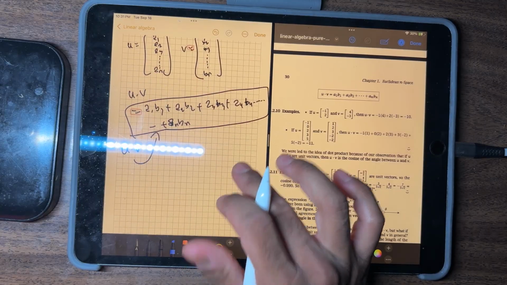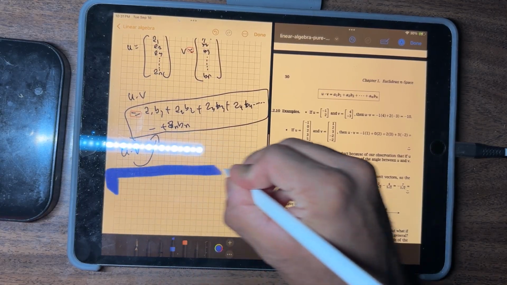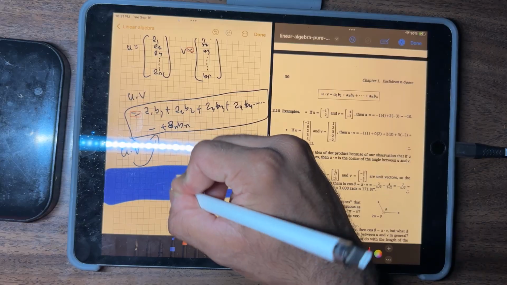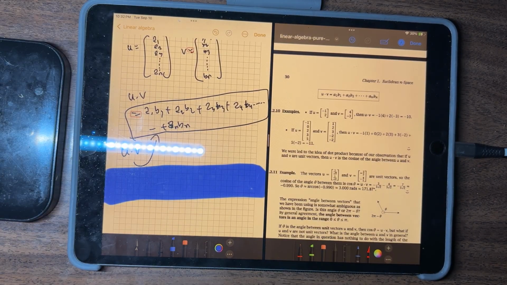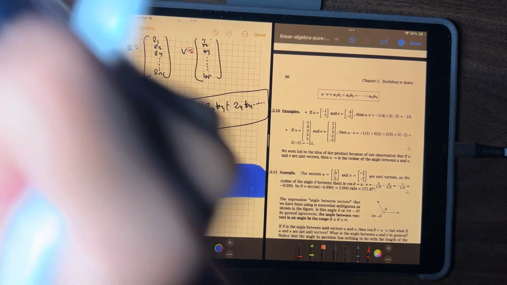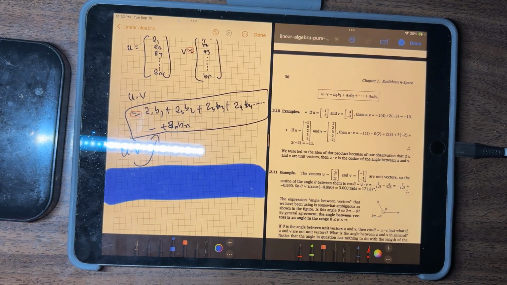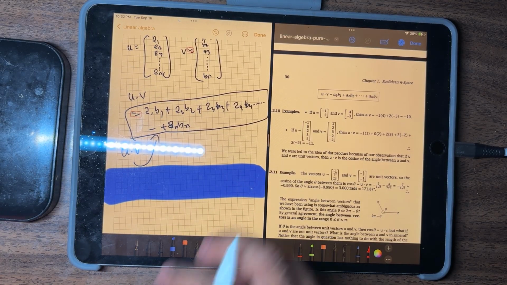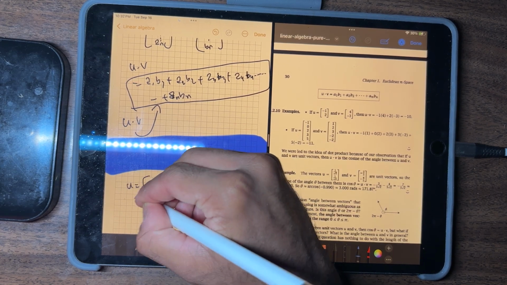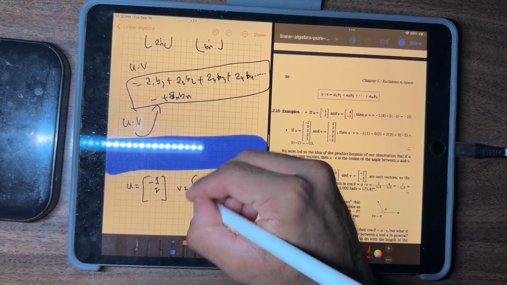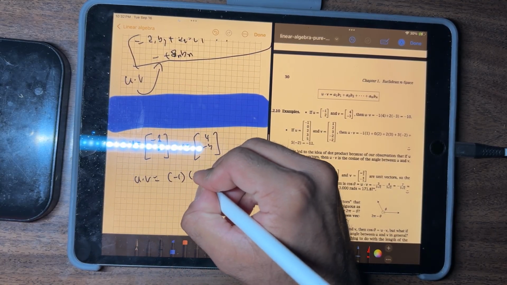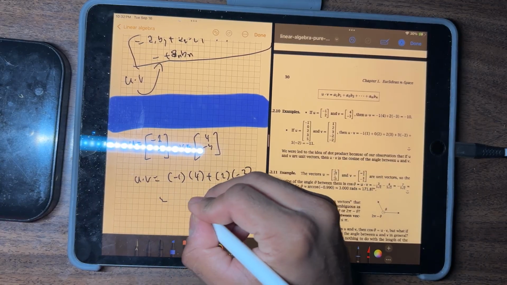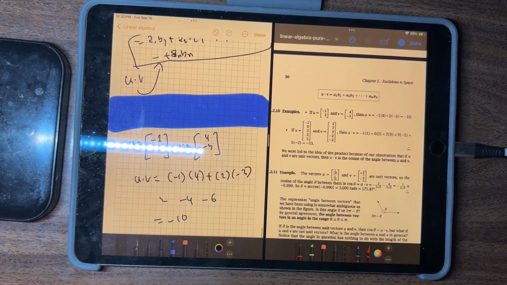So let's do the example. If I have U as minus 1 and 2, and V as 4 and minus 3, then U times V is minus 1 times 4 plus 2 times minus 3, which is minus 4 minus 6, so minus 10.